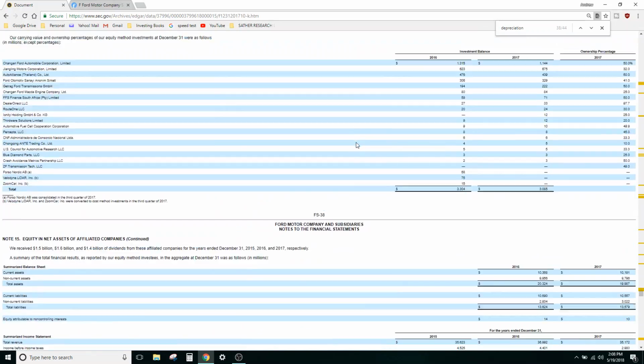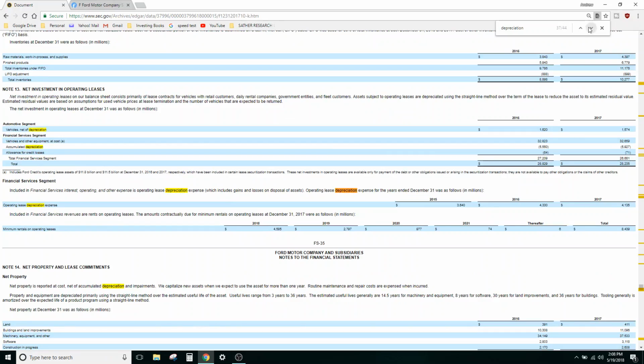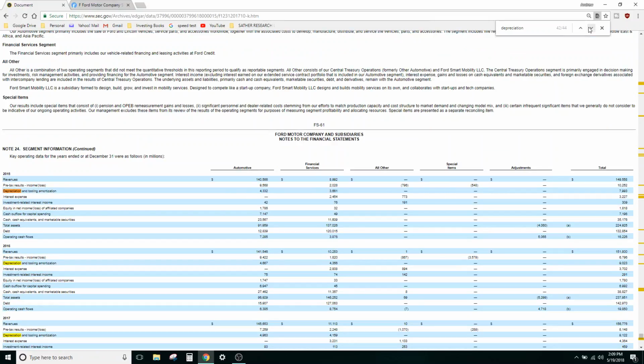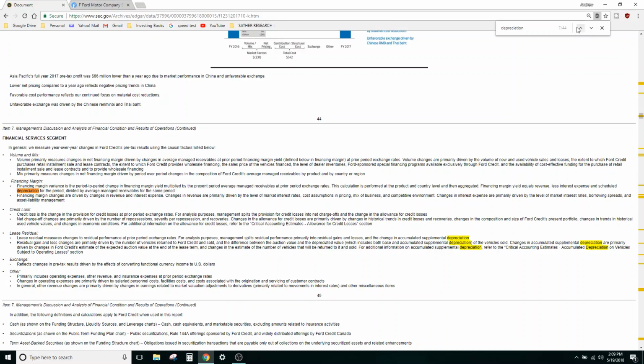Okay, so maybe it's not useful for me to find an exact example, but I'm looking for a big expense asset that really adds a lot of depreciation, because that's a really easy way to understand how depreciation works.